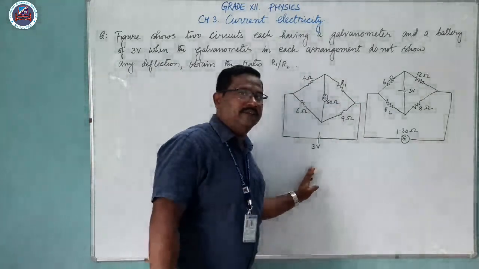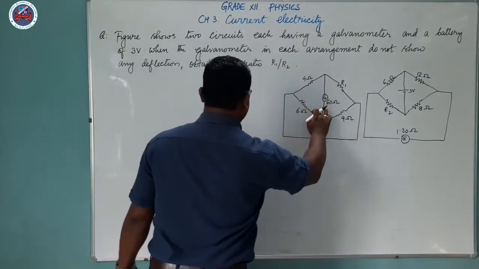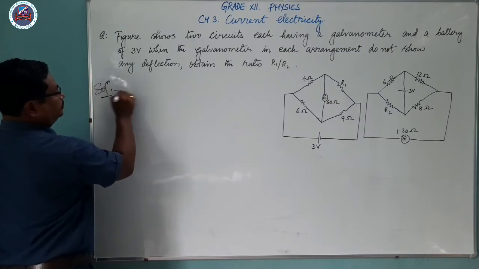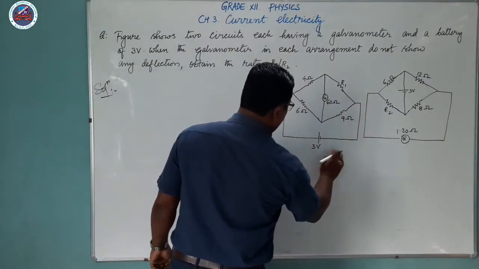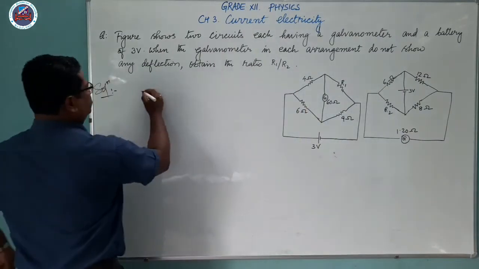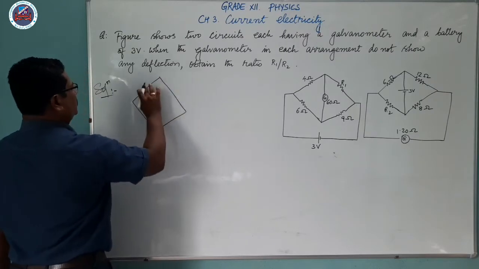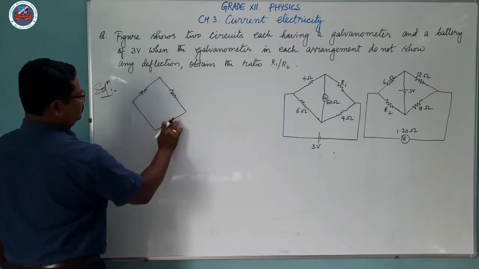You can see very clearly, there is no current flowing to the galvanometer. So for the first case, let us mark this as number 1. We can redraw the diagram as well. Like this you can do first, then you can put the resistors.